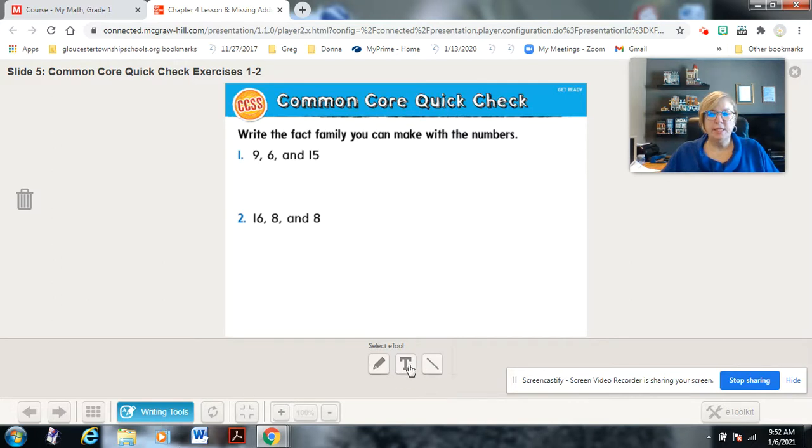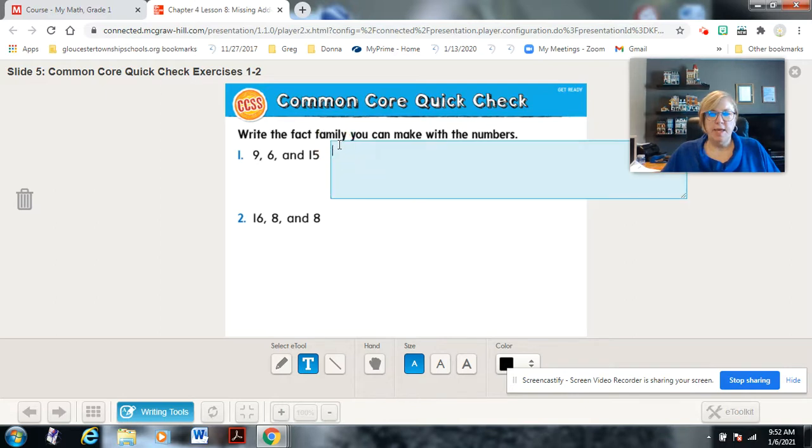Okay, so let's look at this now. When they put the numbers like this, I like to begin with the first one. And remember when I said yesterday, when you're doing a fact family, I suggest, so you don't miss anything, always start with your addition.